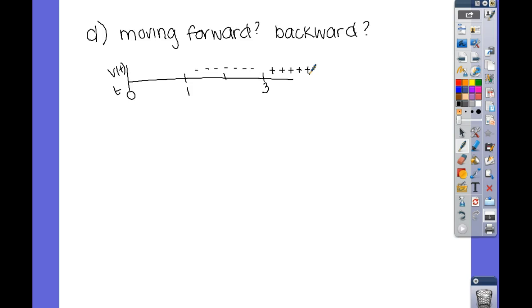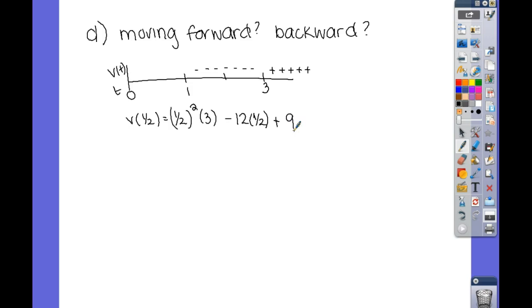So we need to find v of a half. So you get 1/2 squared times 3 minus 12 times 1/2 plus 9. So 1/2 squared is 1/4.